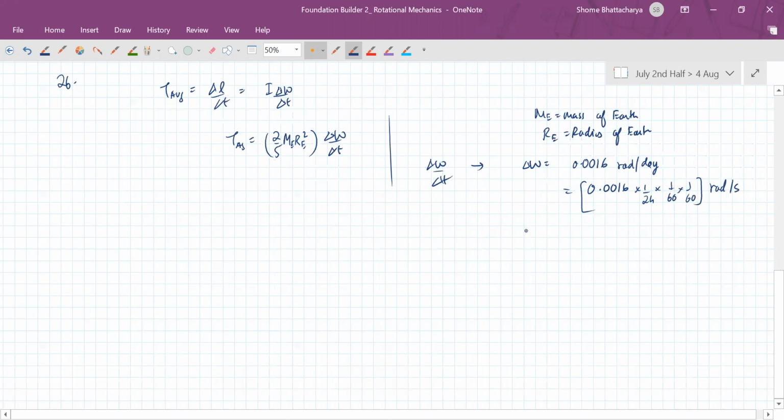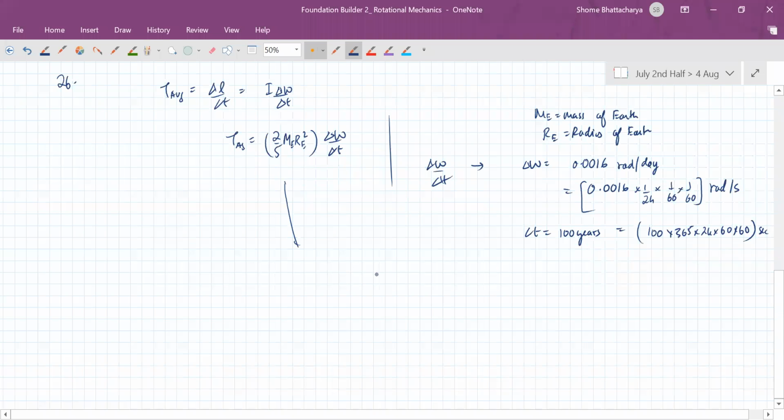And delta t is equal to 100 years, so that is 365 into 24 into 60 into 60 seconds. So that will come out to be your torque.